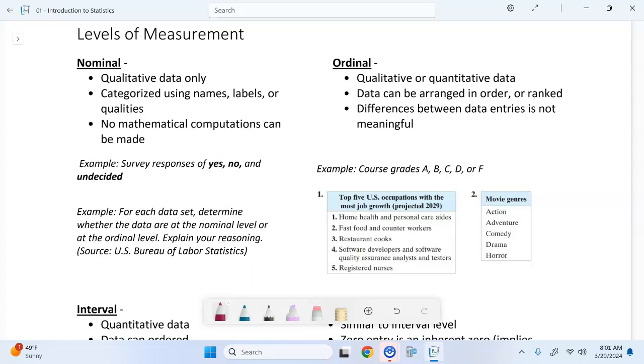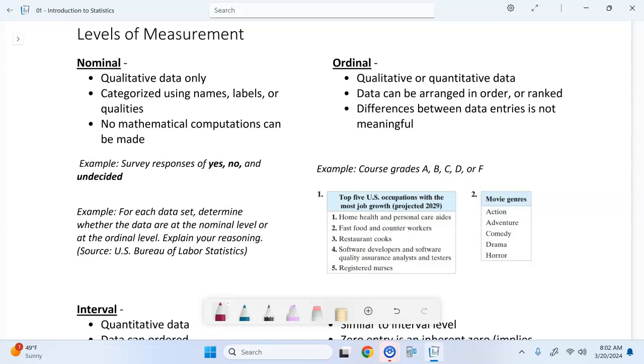Versus ordinal. Ordinal can be qualitative or quantitative. The difference is that the data can be arranged in an order or it can be ranked. So we could have qualitative data, but there's a ranking or an order to it, and that makes it ordinal. There is a difference between data entries, but there's not a mathematical difference.